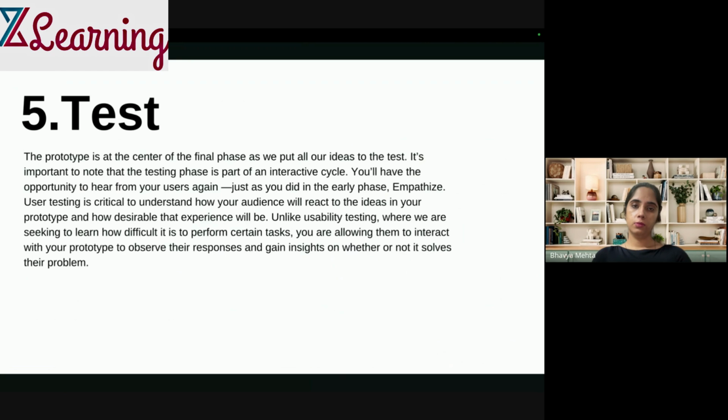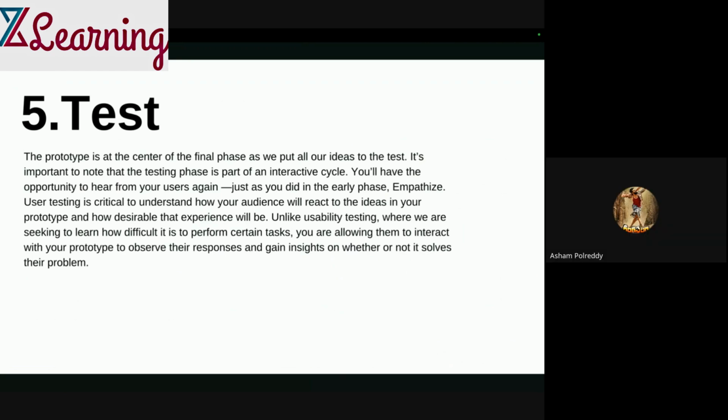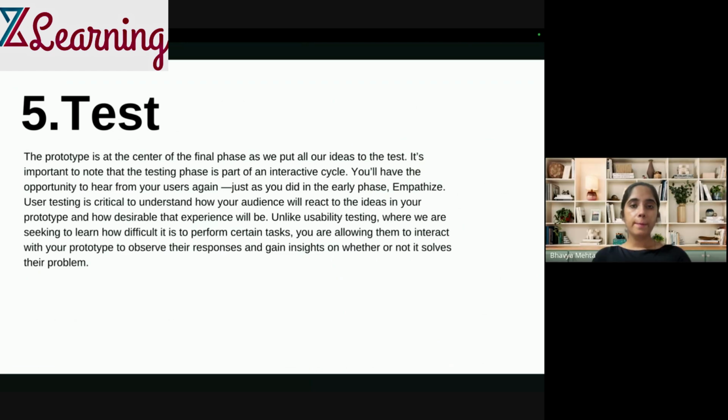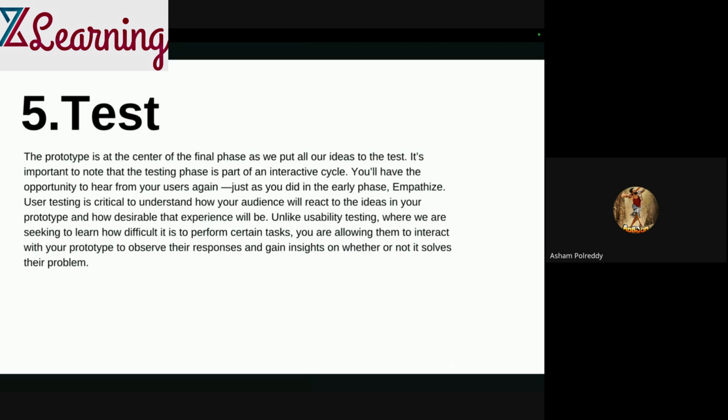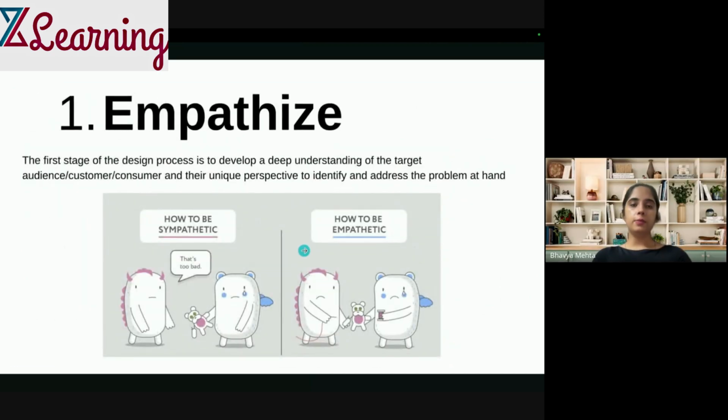Okay, ma'am. Once again, can you tell me briefly about all the five steps? Yeah, sure. The first step is basically empathize, where you need to see the target audience. If you are creating any type of brand, product or service, you need to have the target audience.